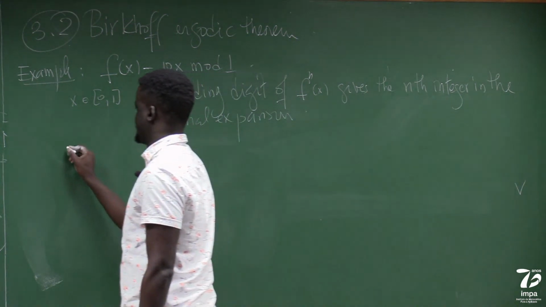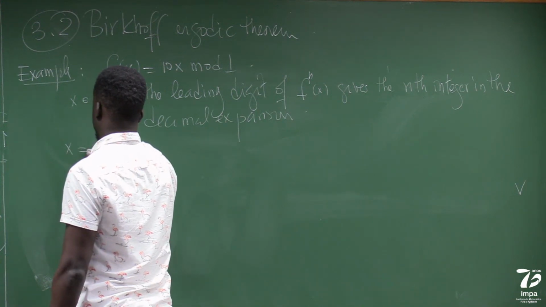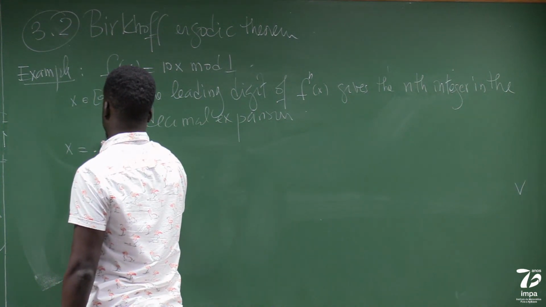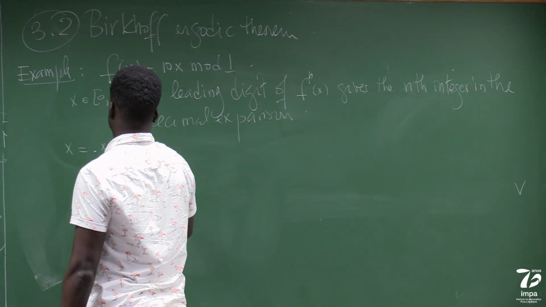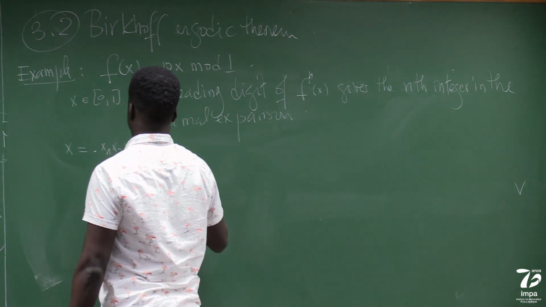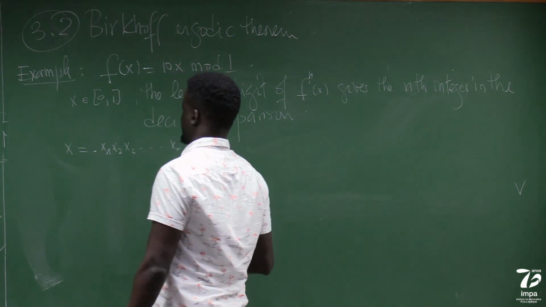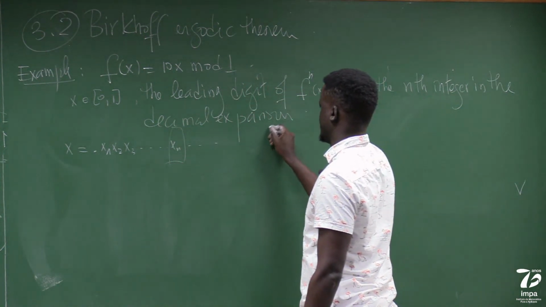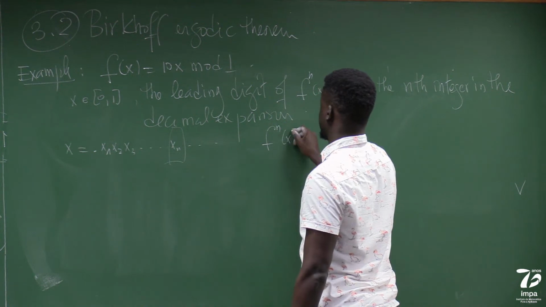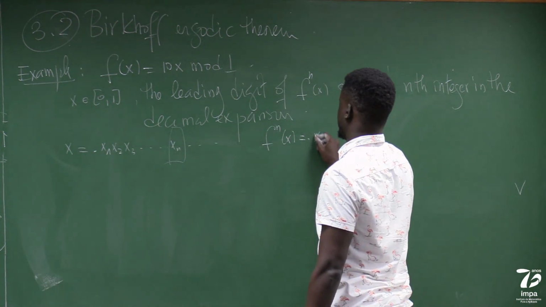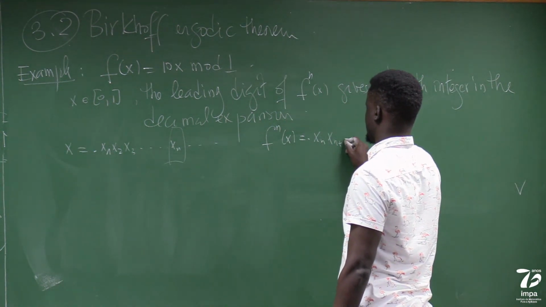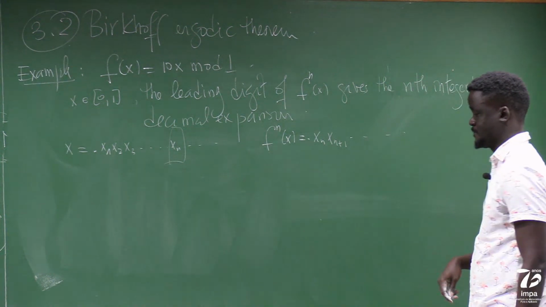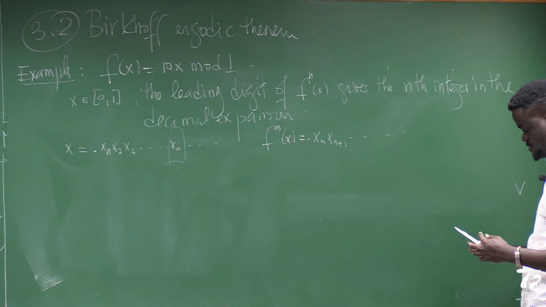What I mean is, if you take x, you can write it as 0.x1 x2 x3 and so on, xn and so on. So f^n of x is 0.xn xn+1 and so on. So this is called the decimal expansion.